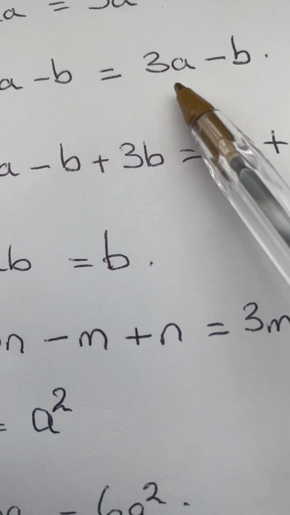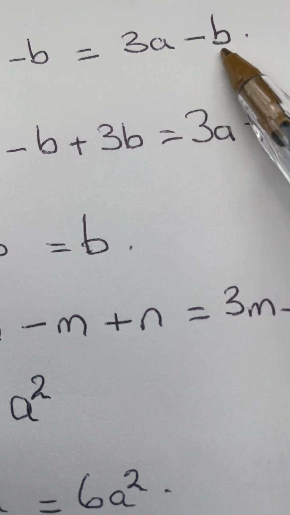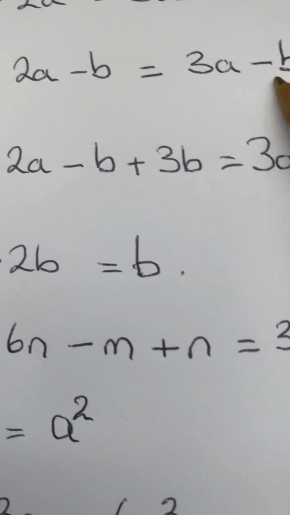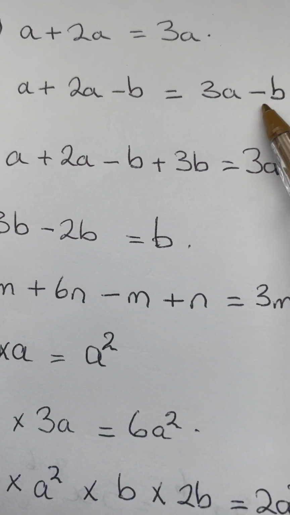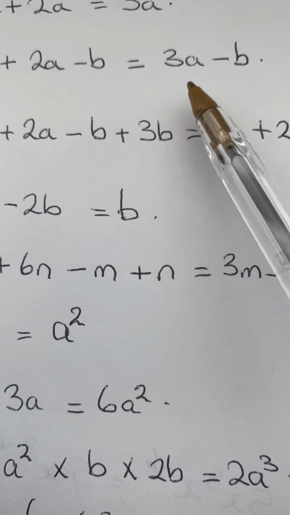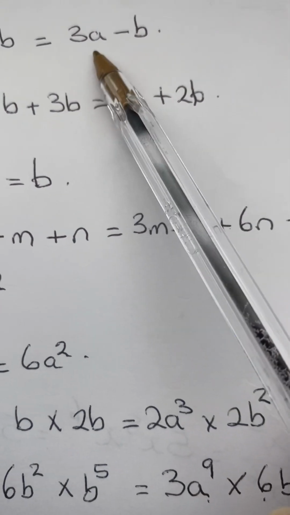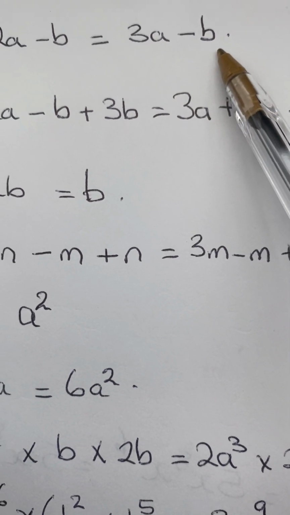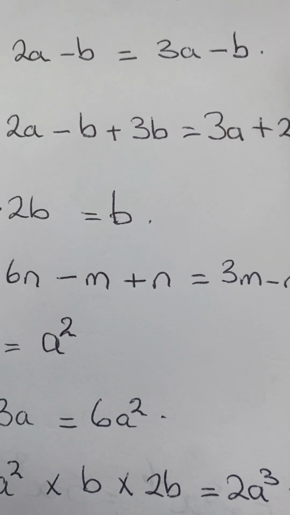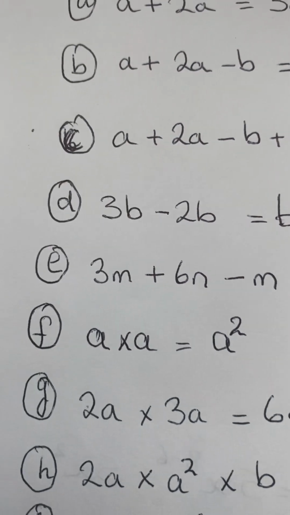No, we don't know what b is, and we are subtracting, not multiplying. Okay, look at it very carefully. So here is addition and subtraction. So this is our answer. And there are no common factors for us to introduce any brackets. So we are going to leave it as it is.